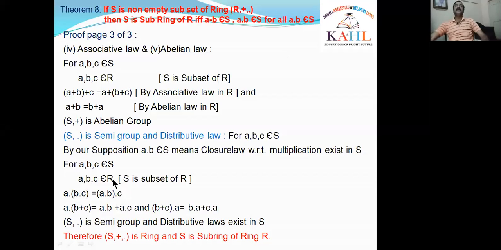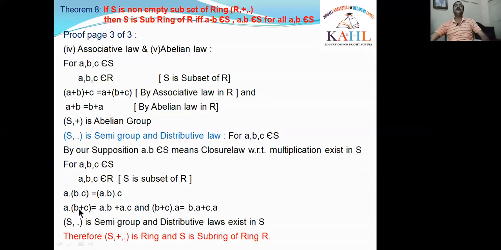But R is ring. R ring means R dot semi group and distributive laws hold. That means with respect to dot, associative law already exists for the elements of R. A, B, C are in R means associative with respect to multiplication, that is (A dot B) dot C is equal to A dot (B dot C), exists, and the distributive laws also exist.